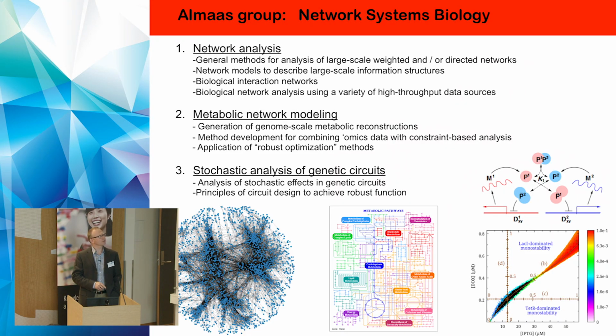So, quite short introduction to what my group is doing. We have 3 directions of research. Network analysis, and that could be applied to a wide variety of problems, not just biological. We do a lot of metabolic network modeling and also stochastic analysis of genetic circuits. Here's a little example of that.